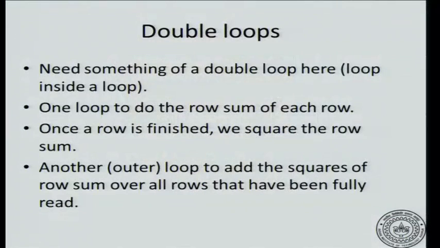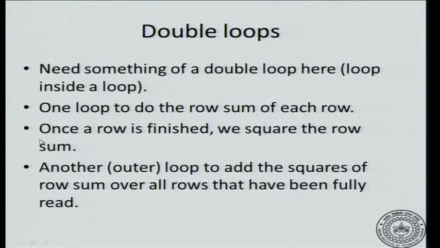So what we need here is something called an inner loop or a double loop. We need a loop inside a loop. Now the inner loop is doing what we did first. It is taking a row and adding all the numbers in that row. So we need one loop to do the row sum of each row.